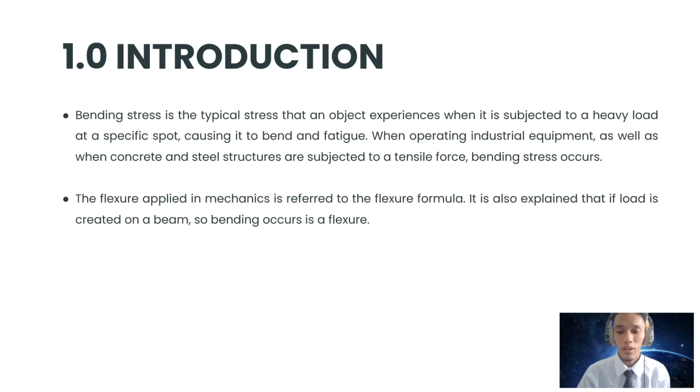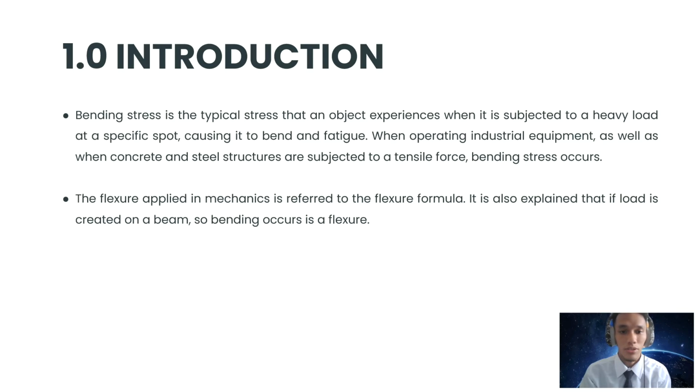So, our presentation begins with me discussing our first chapter, which is the Introduction. Bending stress is the typical stress that an object experiences when it is subjected to a heavy load at a specific spot, causing it to bend and fatigue when operating industrial equipment, as well as when concrete and steel structures are subjected to a tensile force.